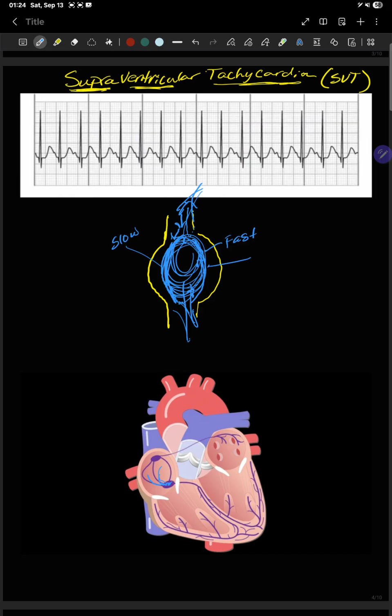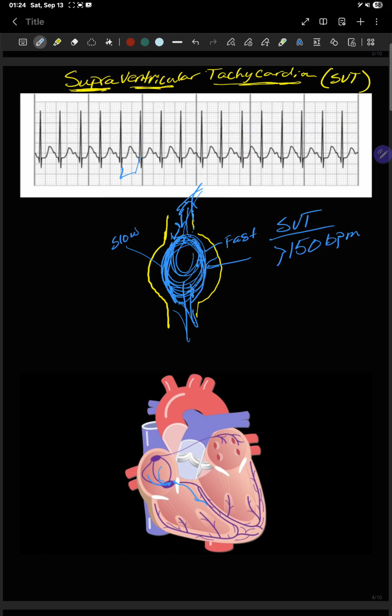So now if we're sitting here and we're stuck, we're going to be sending a lot of discharges, the ones that are getting through and sent down to the ventricles. Well, SVT is characterized as anything greater than 150 beats per minute.